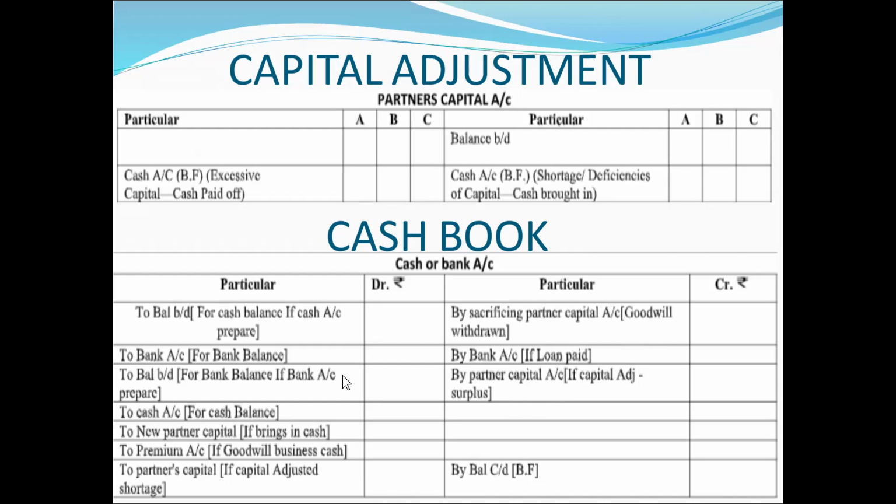So all these things. On the debit side, for bank balance, if bank prepaid, cash for cash balance, new partner capital, all incoming items. It is very simple. All incoming items, incoming cash, you put on the debit side. All outflow of cash, you put on the credit side. All inflow of cash, you put on the debit side. All outflow of cash, you put on the credit side.